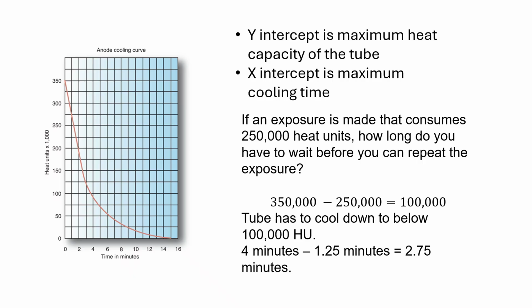Okay? And then go to 100,000 and look that up and go over to the line, and you're going to see that the red line is definitely below 100,000 at time t equals 4 minutes.